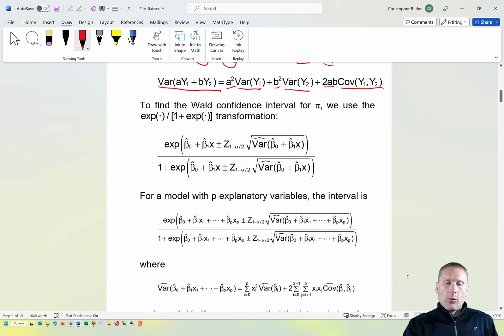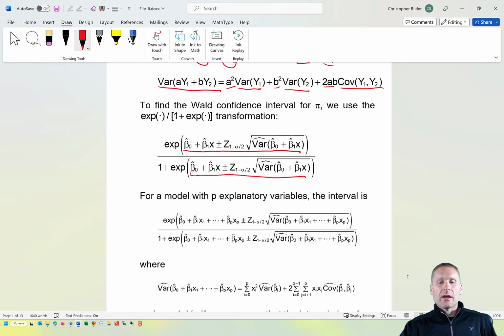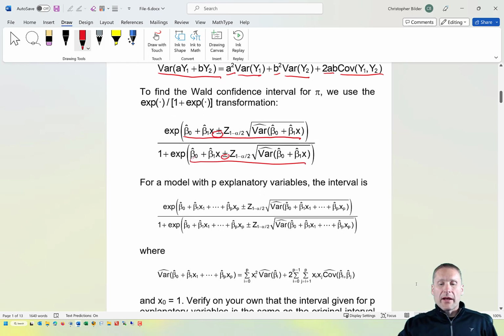With my Wald interval before, I put that in my exponential function and divide by 1 plus the exponential function evaluated at that Wald interval before. So in other words, my lower bound of my interval will result from using the minus in both of these places. The upper bound for my interval for pi results from using the plus sign in both of those places. So that's a Wald confidence interval for pi if I only have one explanatory variable.